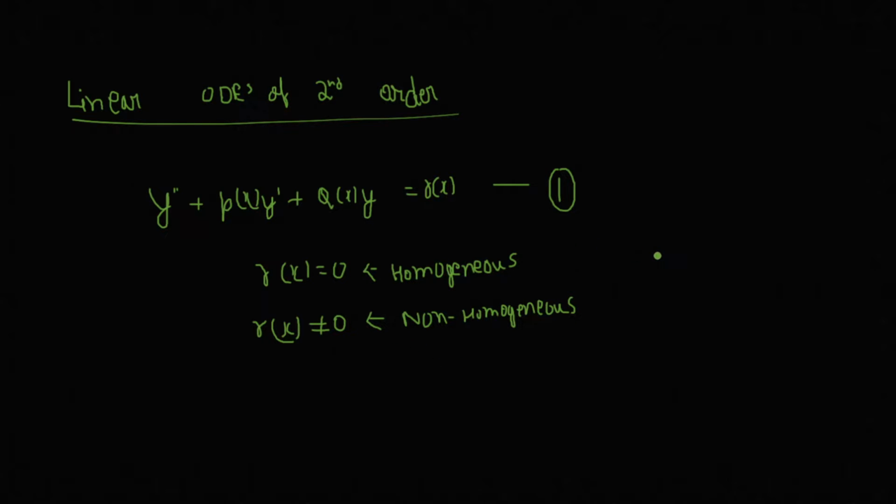So any ODE which can be written in this format is a linear ODE, and if the term r(x) equals 0, then it is homogeneous linear ODE of second order, and if r(x) is not equal to 0, then it is non-homogeneous linear ODE of second order.